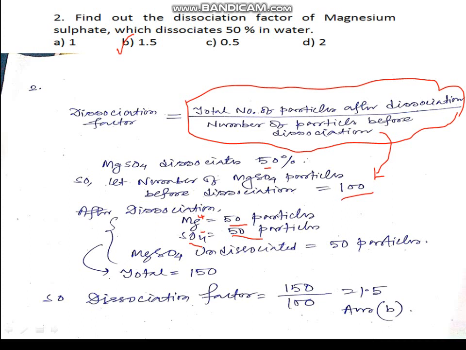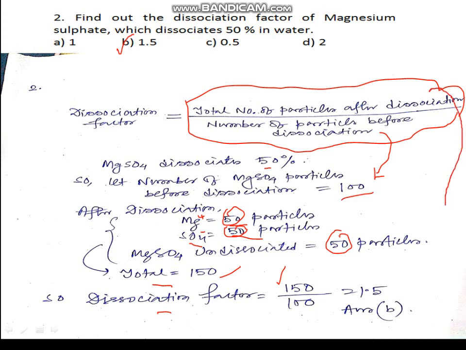So after dissociation, total particles are 50 magnesium, 50 sulfate, and 50 undissociated magnesium sulfate, so total 50 plus 50 plus 50 equals 150.